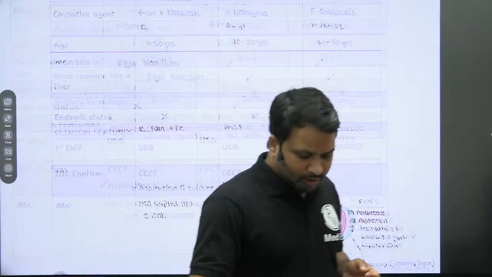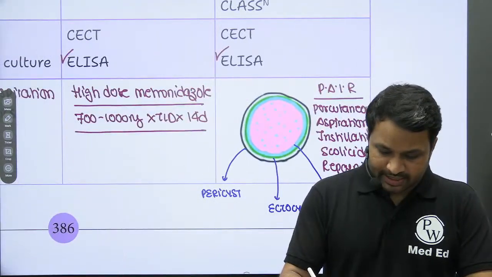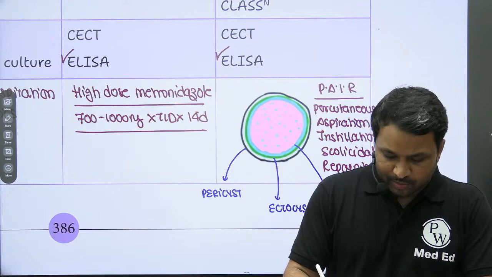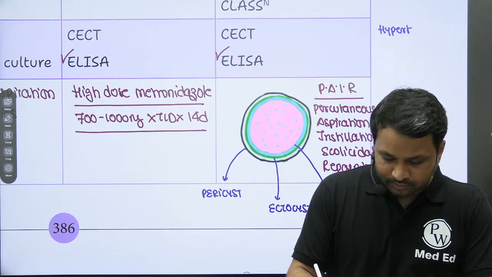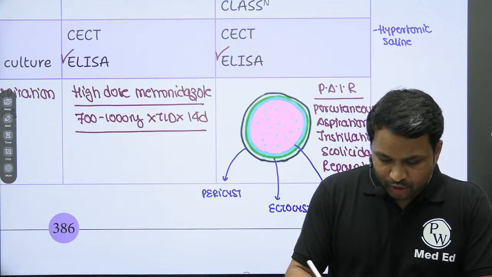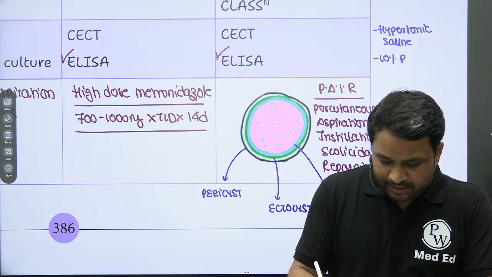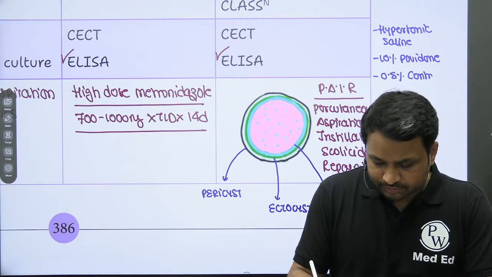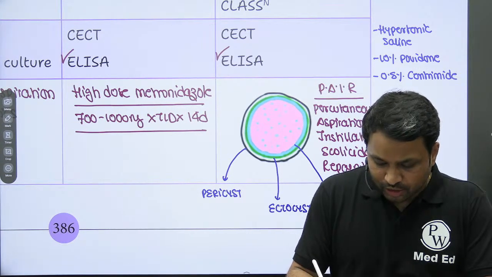Now, if you're talking about scolicidal agents, the ones that are currently being preferred, number one, you can have hypertonic saline. You have 10% povidone iodine. Then you have 0.5% cetrimide, usually in combination with 0.05% chlorhexidine.